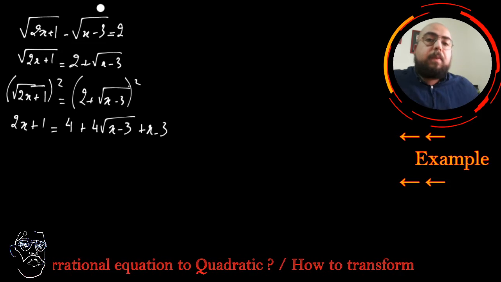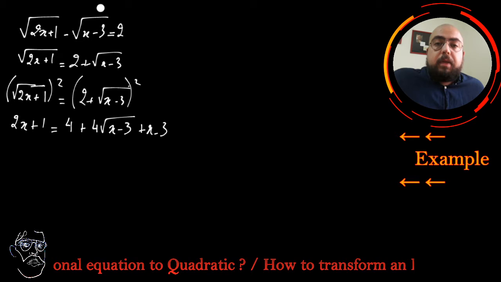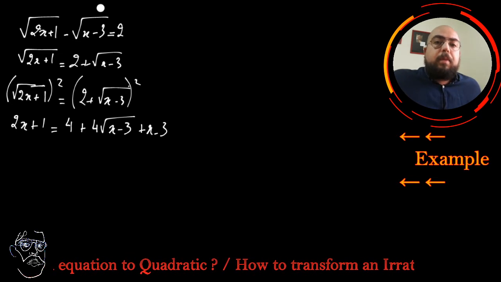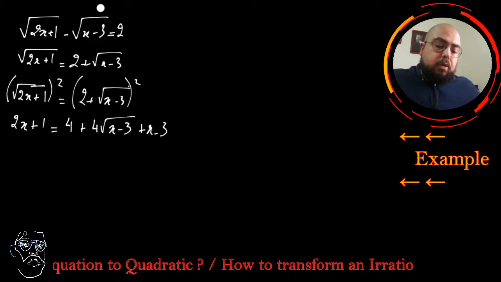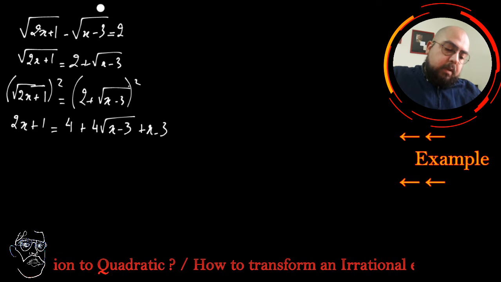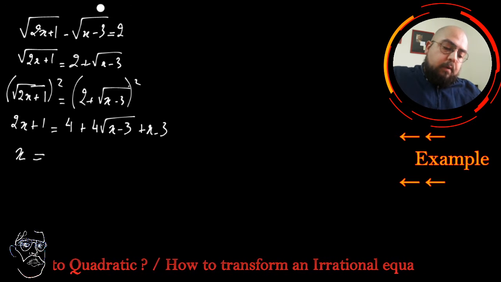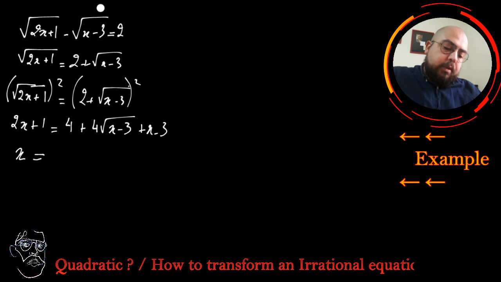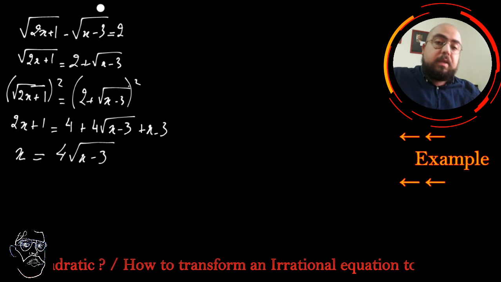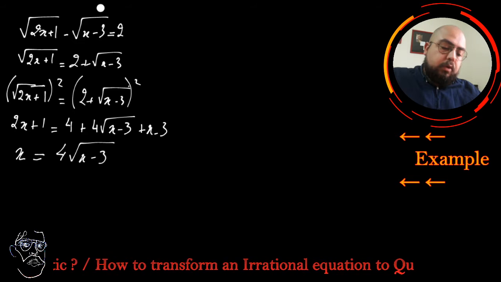You simply expand it by using the binomial expansion, (a plus b) to the power of 2 equals a squared plus b squared plus 2 times a times b. So I'm going to arrange it one more time. So I will obtain 2x minus x, so it's x, which is equal to 4 minus 3 is 1, minus 1 is 0, so it's 4 square root of x minus 3. Again, I still have a square root, so I'm going to take it one more time to the degree 2.